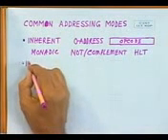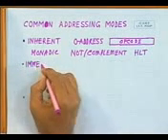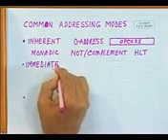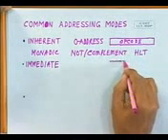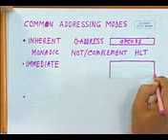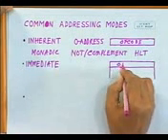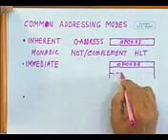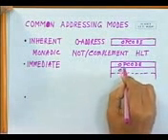Then the second type of addressing mode that is used is known as immediate. In immediate addressing mode, you are providing the operand itself. Say here is your opcode. Then the operand itself is provided as part of the instruction. Here is your operand.